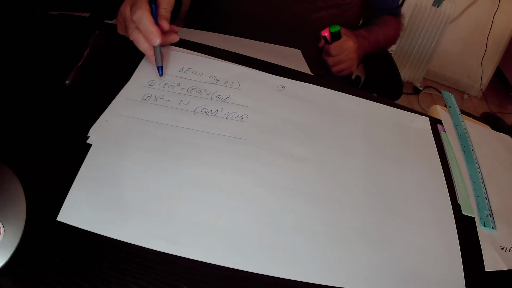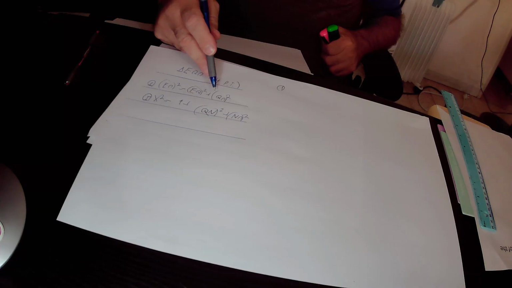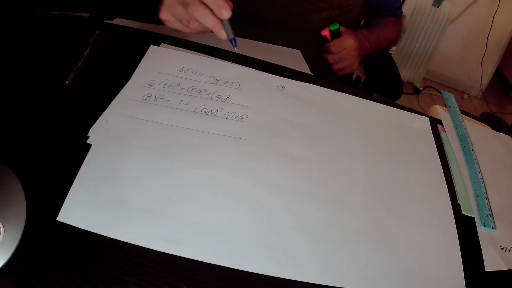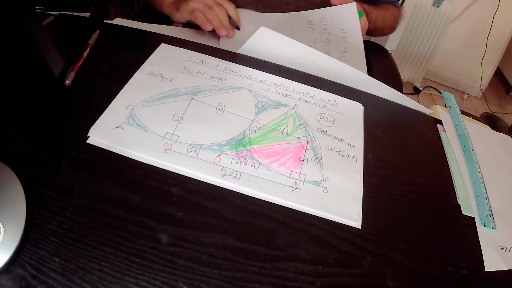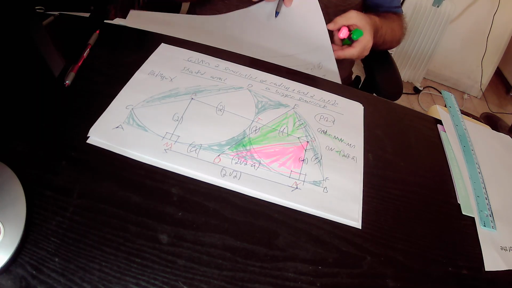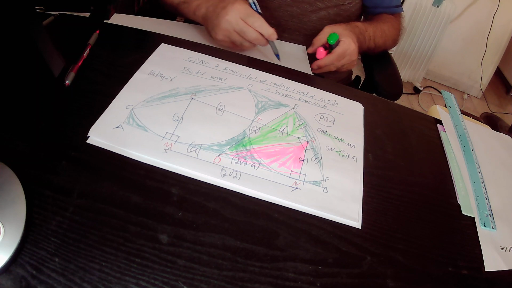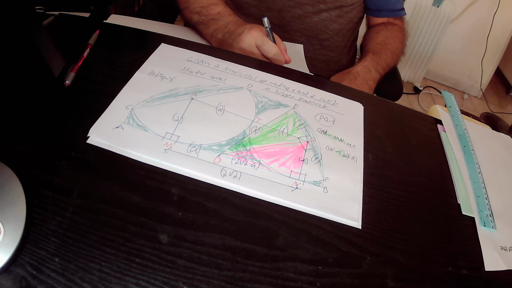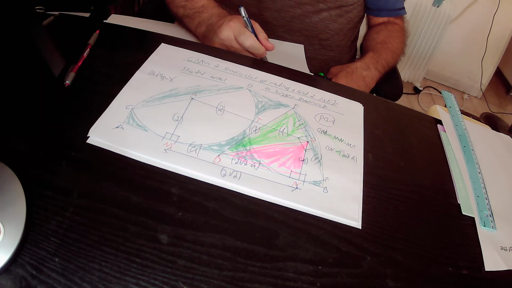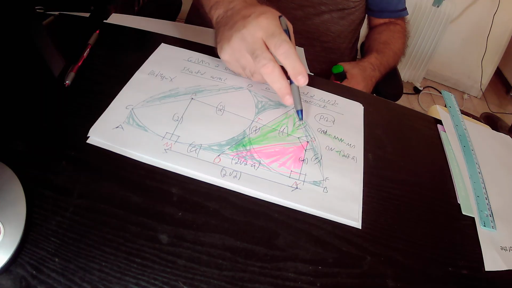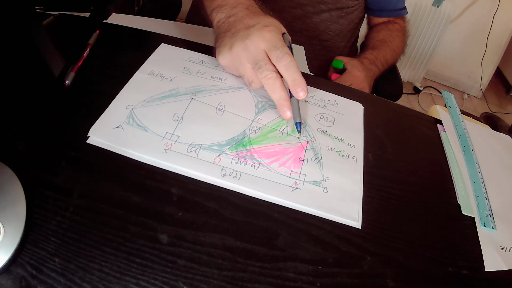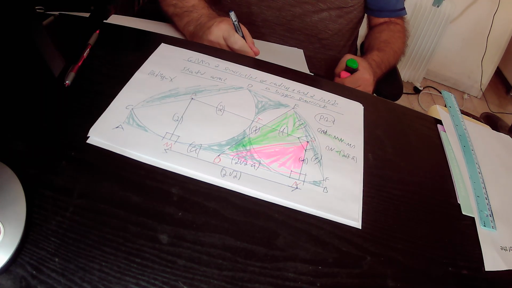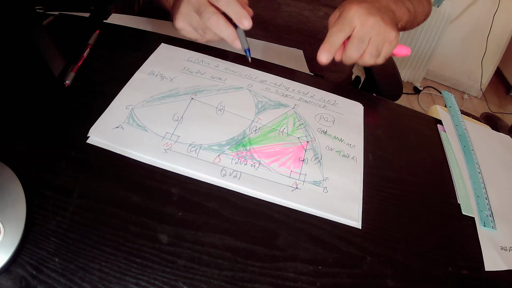So we found out that x squared equals 1 plus QN squared plus NO squared, according to equation 1. QN is also 1, therefore QN squared is 1 squared, that is 1, plus NO squared.